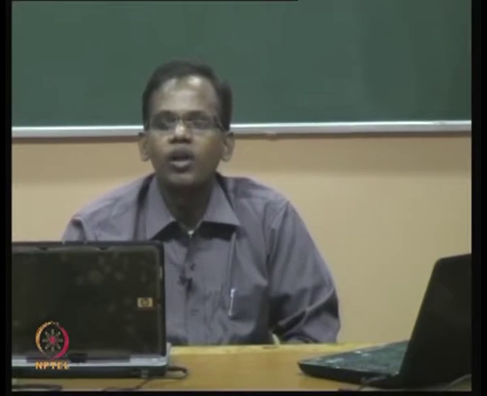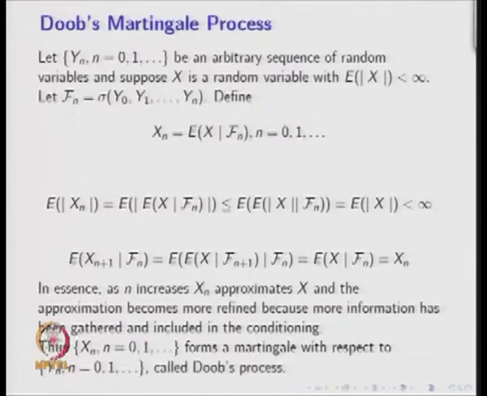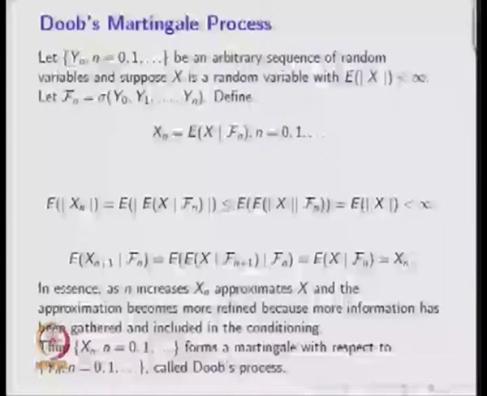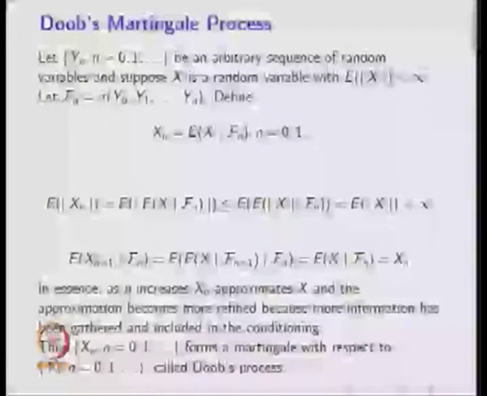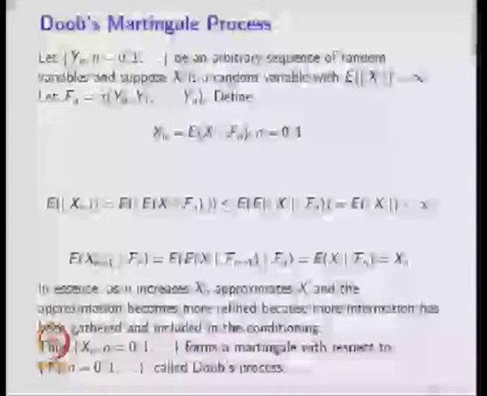Now we are moving into the concept called Doob's Martingale process. When we say the given stochastic process is going to be a Doob's Martingale process or Doob's process, see the definition.